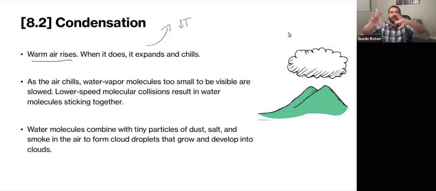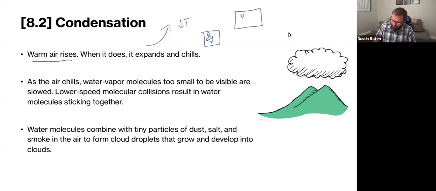And if you think about it, if air expands, I'm going to draw it. So if we have lots of molecules bouncing around in, say, this little box of air, and we heat it up, it's going to expand. So now we have all these interactions.